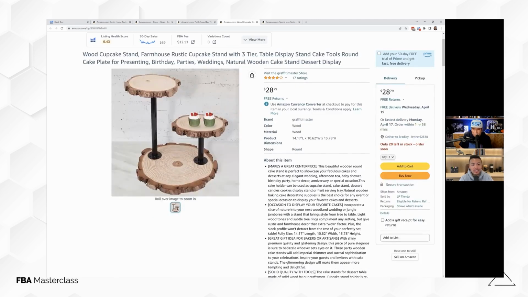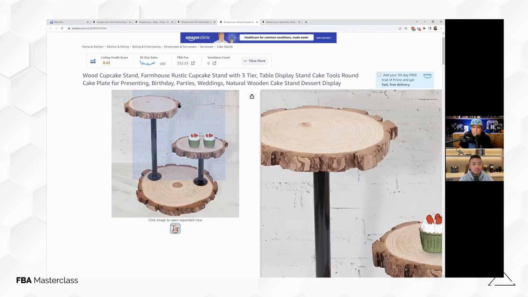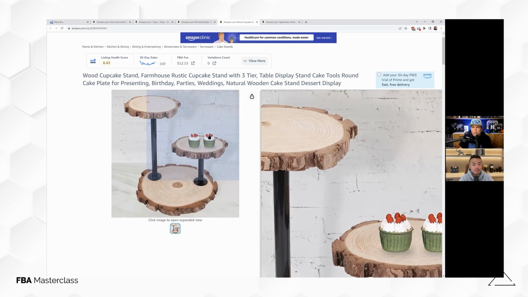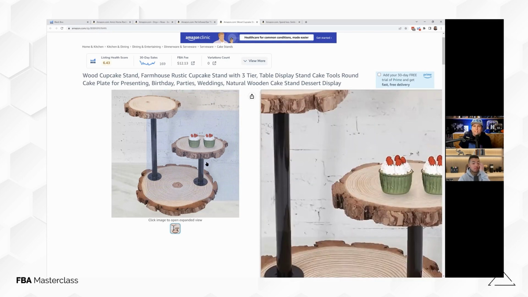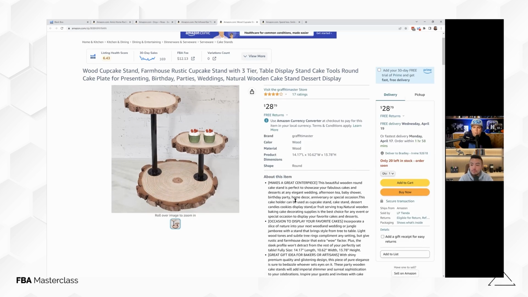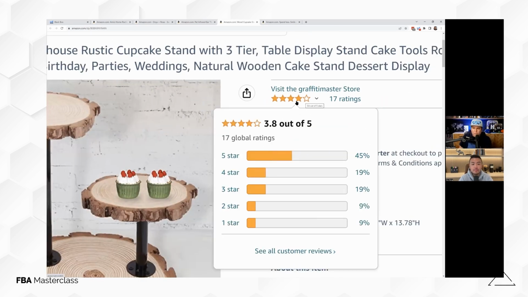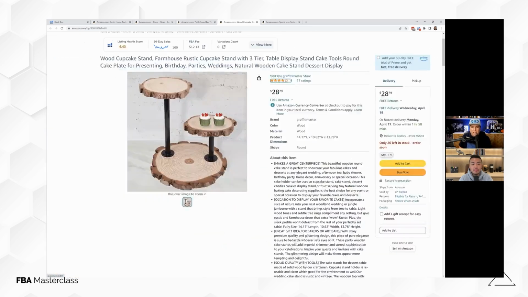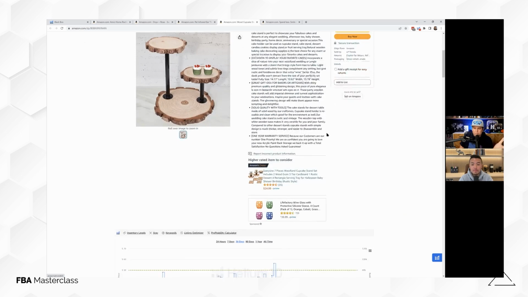So, the reason he said it's against terms of service is not the white background here, guys. Like I said, usually a low number of images means the sellers might not know what they're doing. Look at the reviews. It's just under 4, 3.8 actually. They've only got 17, and yet they're doing some decent number of sales.